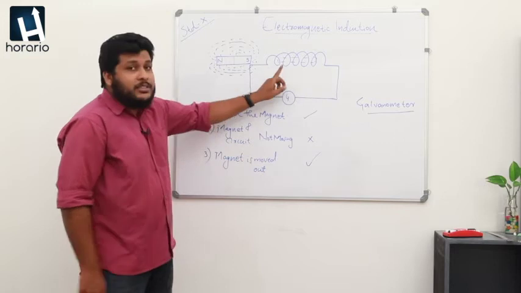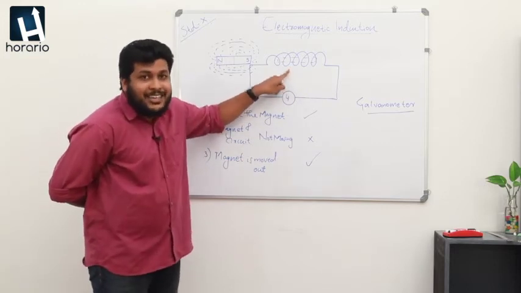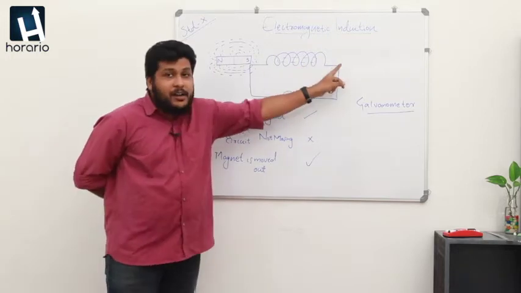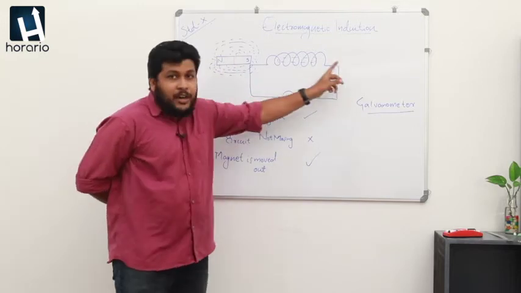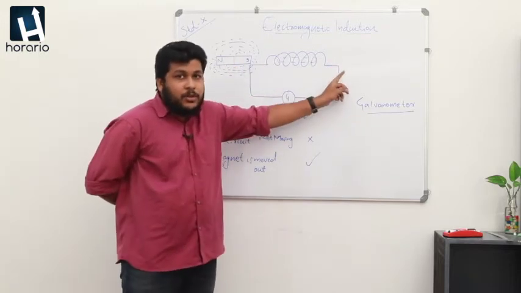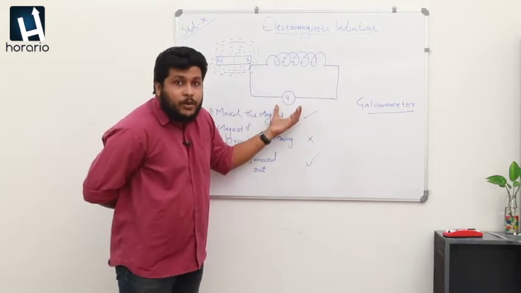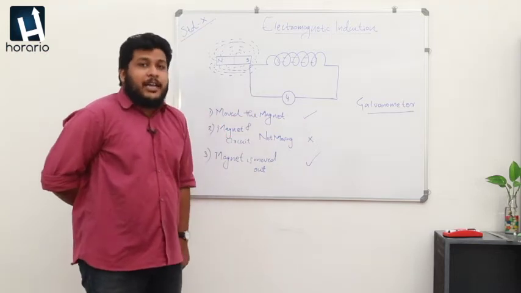Here the most important thing is a solenoid, made up of a conductor in a coiled manner, and a magnet is passed through this solenoid. If the magnet is continuously passing through the solenoid without stopping, we can harvest an unlimited amount of electrical energy from the galvanometer.